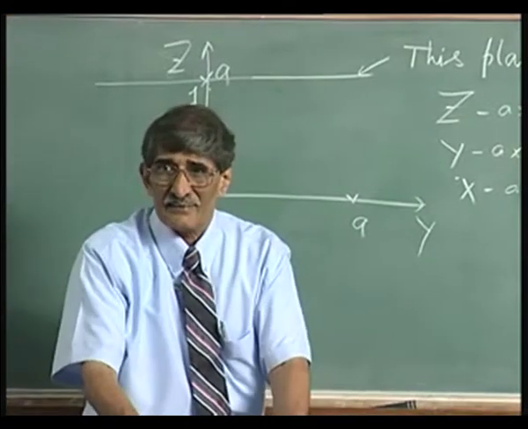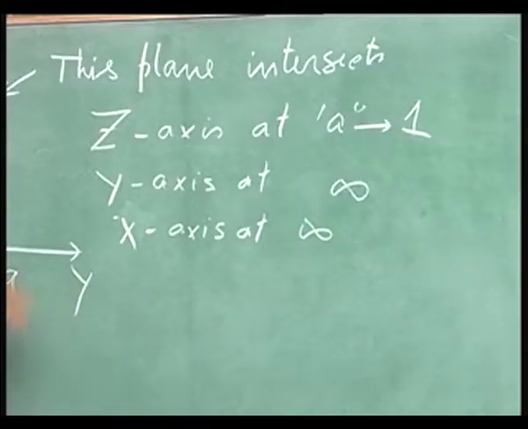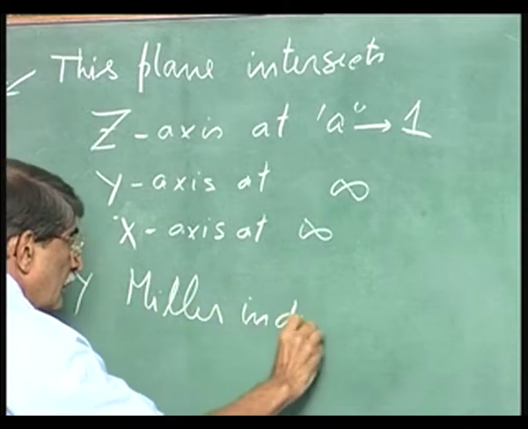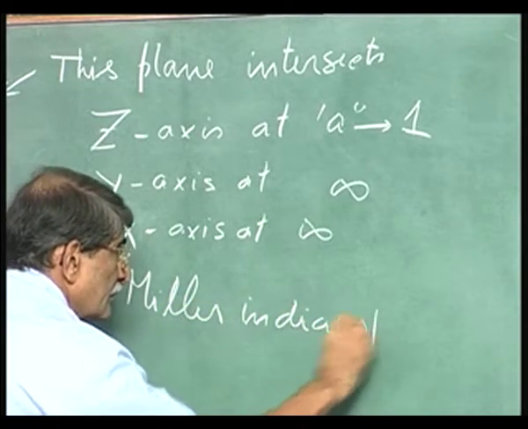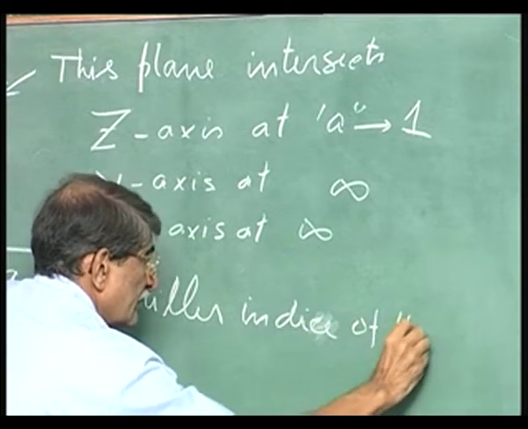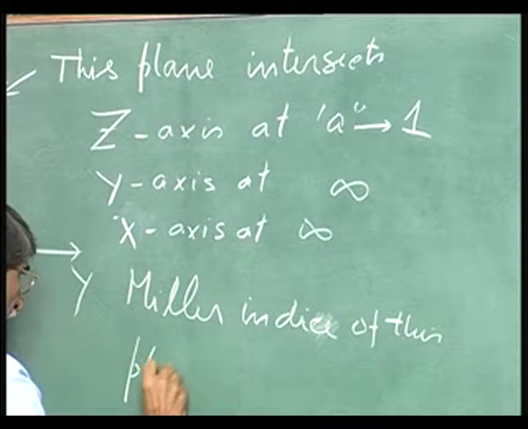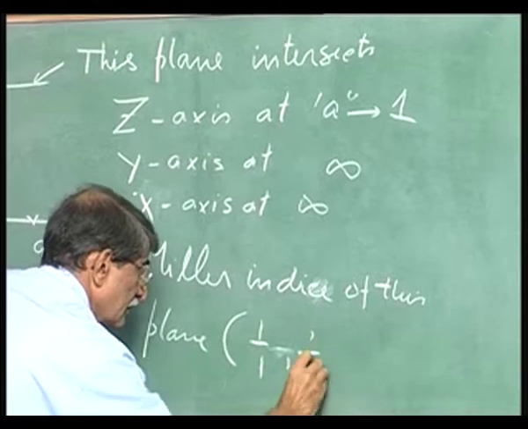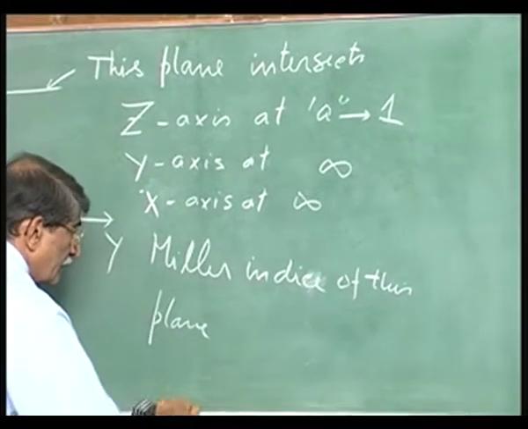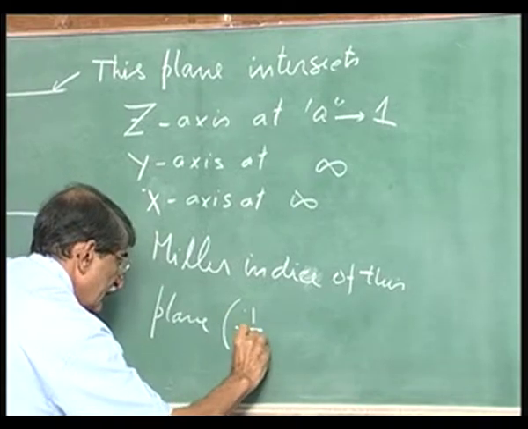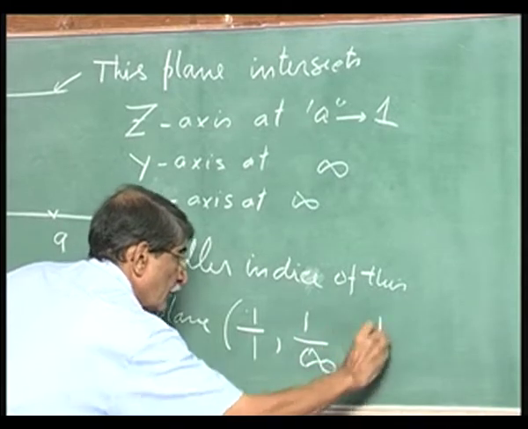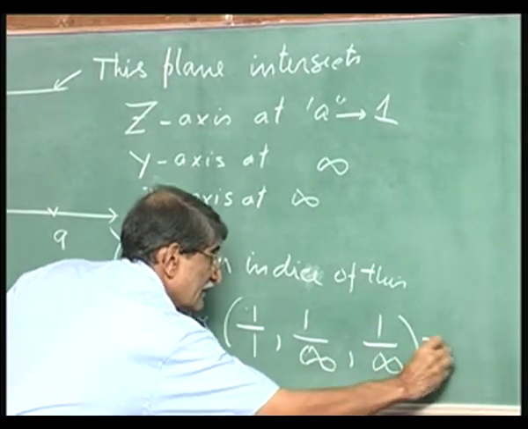Now, you refer to that plane by what is known as the Miller indice. The Miller indice of this plane is 1 by 1, 1 by infinity, 1 by infinity.